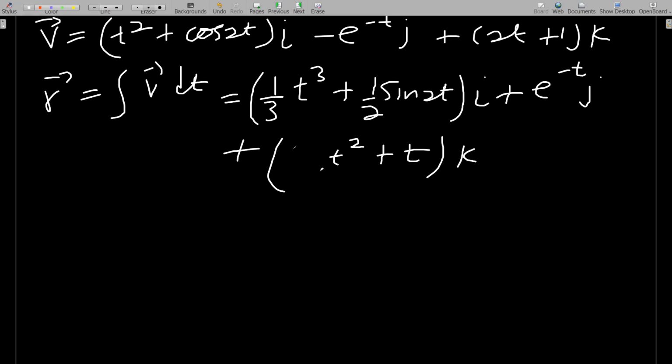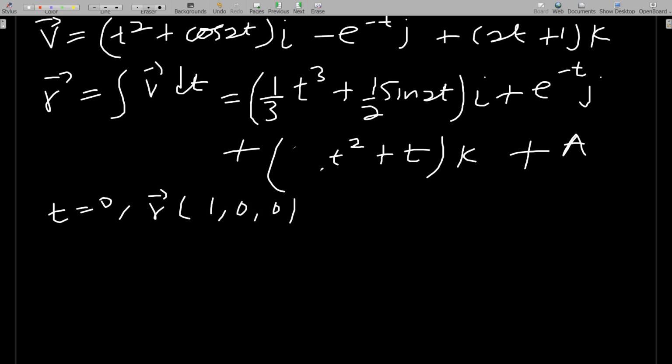I hope you get this. So that is it, plus a certain constant, let's say a. But we said that at the point of starting, that is when t equals 0, the position vector there was (1, 0, 0).